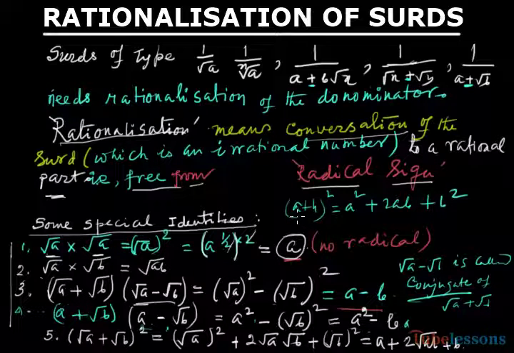Now instead of a and b, here it is root a and root b. So we write root a whole square plus 2 into root a into root b plus root b whole square. Now root a whole square becomes a, then plus 2 into root ab, and then root b whole square is b.